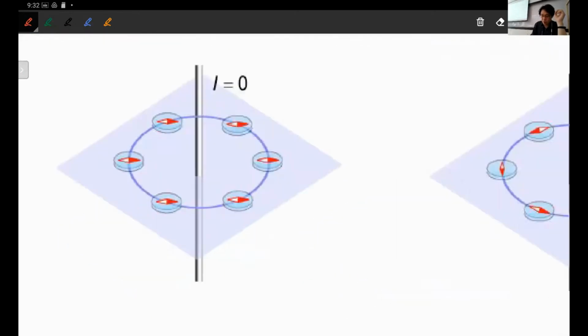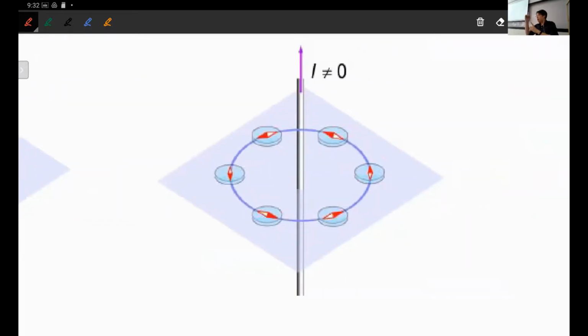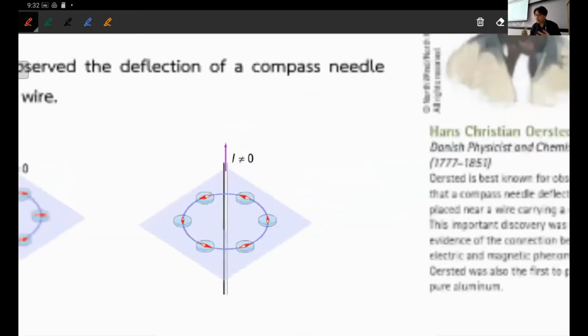If you have a wire without current, of course nothing is happening. But once you make current flow in that wire, the compass around that wire will actually line up in a circular path. We can detect this from experiments.